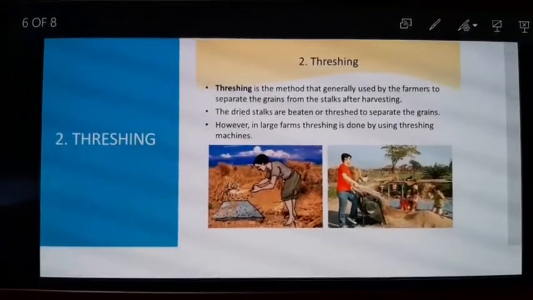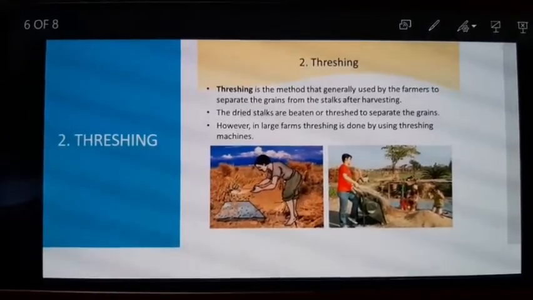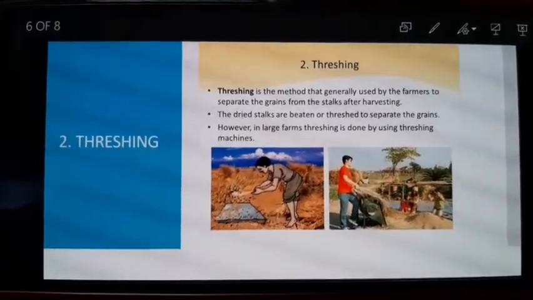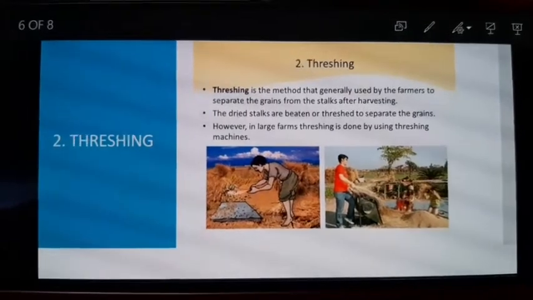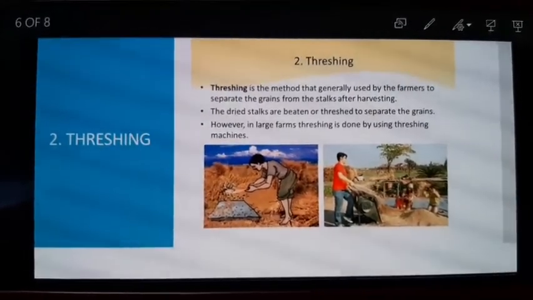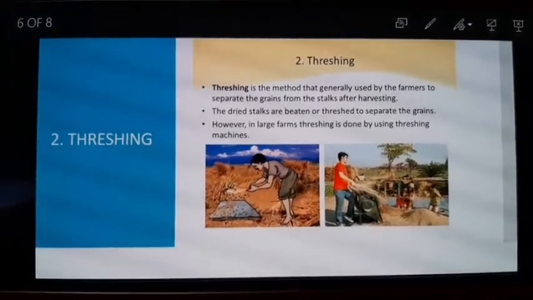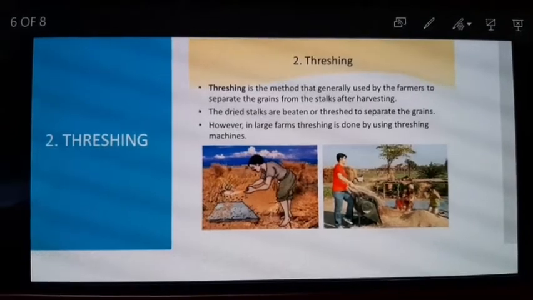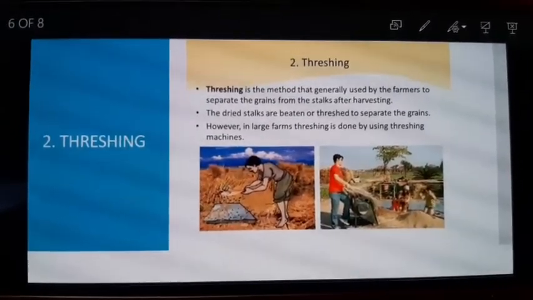Okay, so after hand picking, the second method that we use for the separation of substances is threshing. It is a method generally used by farmers to separate the grains from the stalks after the harvesting. The dried stalks are beaten or threshed to separate the grains. However, in large farms, threshing is done by using threshing machines.